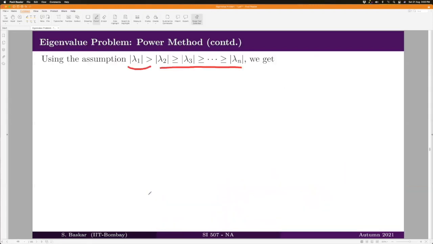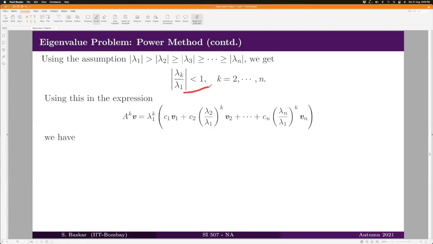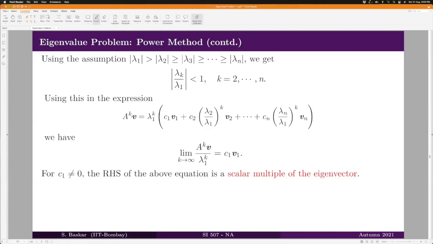Since we have assumed that lambda 1 is strictly greater than the other eigenvalues in absolute value, you can see that the absolute value of lambda k by lambda 1 is less than 1 for k equal to 2, 3, and so on up to n. Using this fact, we take lambda 1 to the power k to the other side, making it the denominator, and thereby you have this entire expression, right?